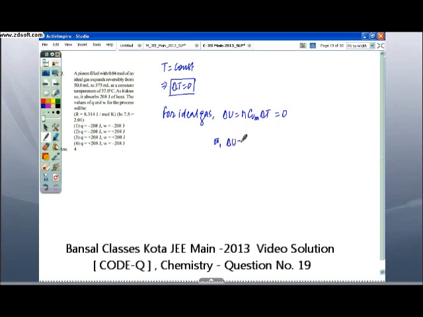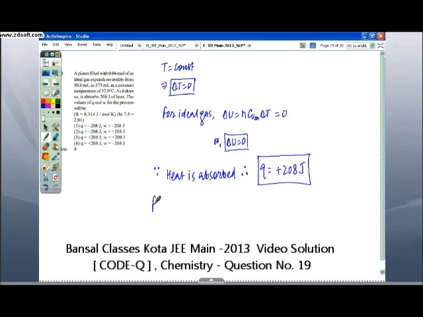Or the change in internal energy delta U is equal to 0. Since it absorbs 208 joule of heat, since heat is absorbed, whenever heat is absorbed we take the positive sign, therefore Q is equal to plus 208 joule.